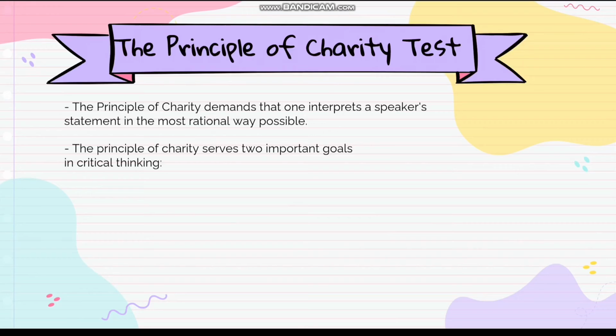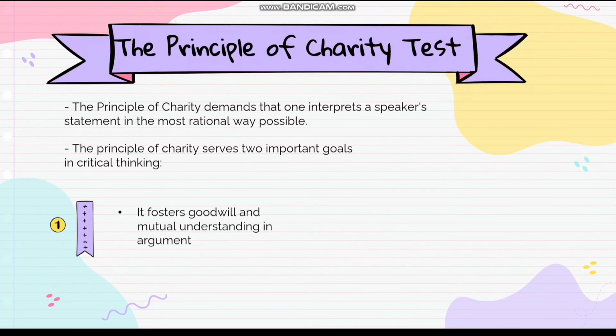The principle of charity serves two important goals in critical thinking. First, it fosters goodwill and mutual understanding in argument by demanding that we treat the arguments of others with the same generous and respectful spirit.